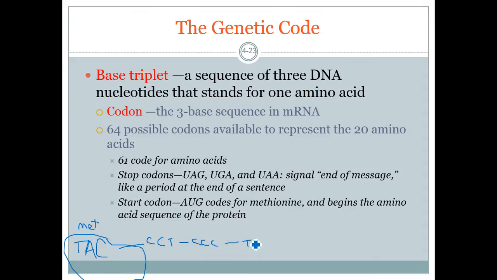Fourth group could be T, G, and G. So for this particular chain that we're trying to create, we just have 4 particular codons or base triplets. We have a base triplet here, here, here, and here. So we have 4 base triplets.